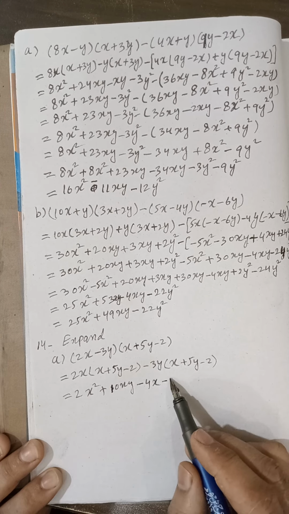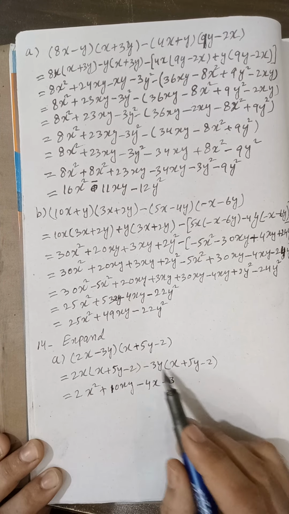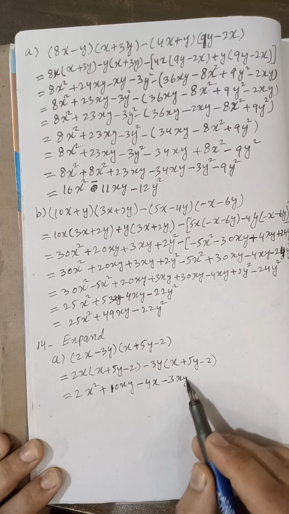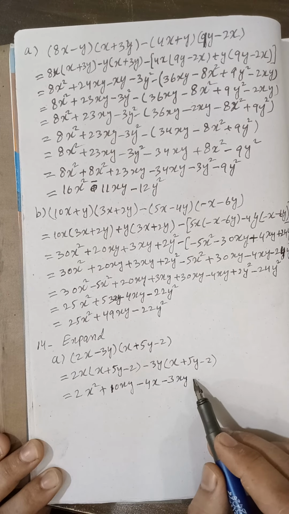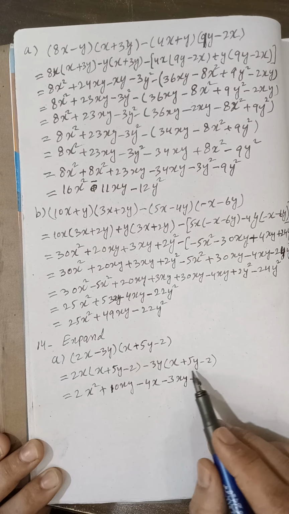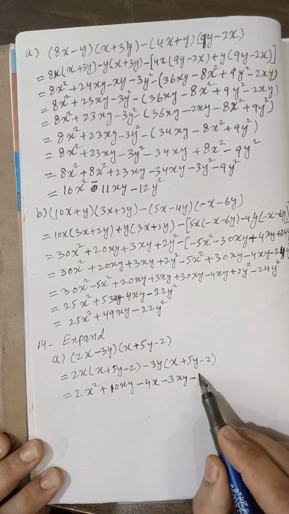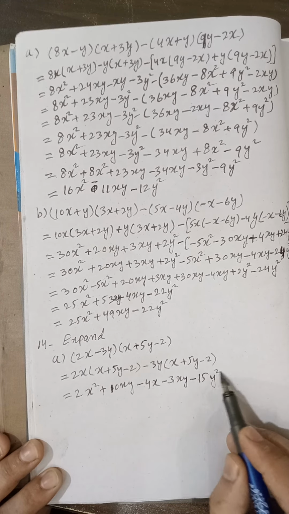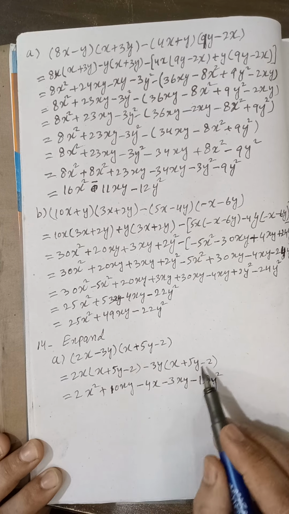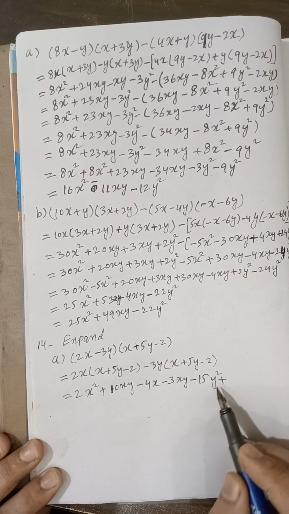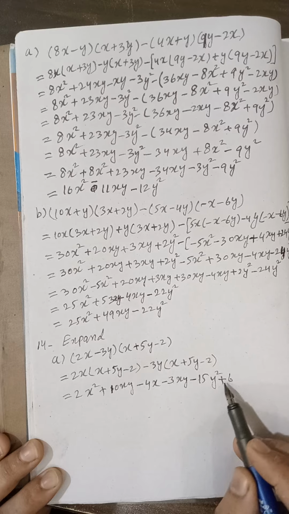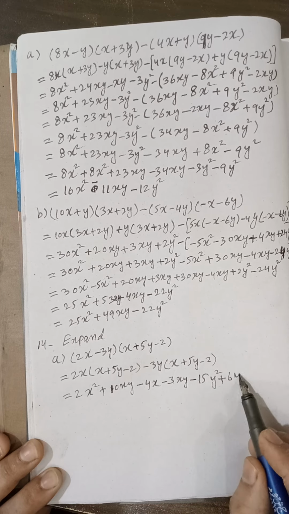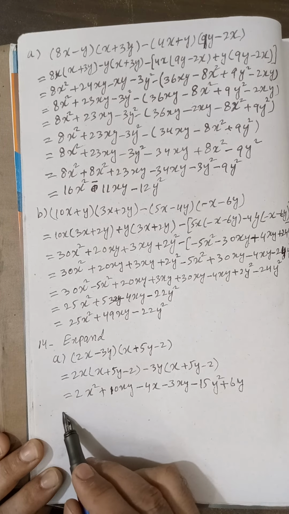Then 3 multiplied by 1 is 3, and y multiplied by x is again xy. Write like this, and due to the minus sign you will change the inner sign. And 3 multiplied by 5 is 15, y multiplied by y is y square. Due to this minus sign you will change the inner sign, and 3 2s are 6, y will be here. I have removed the bracket.